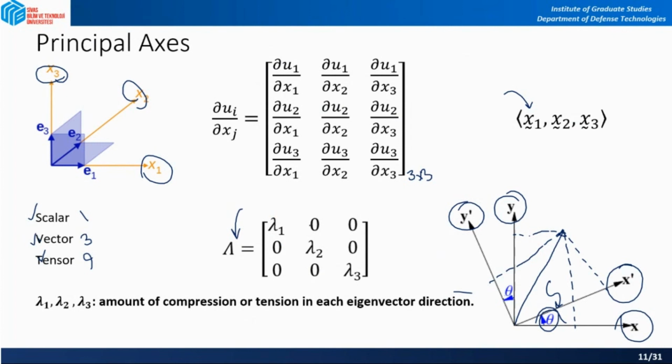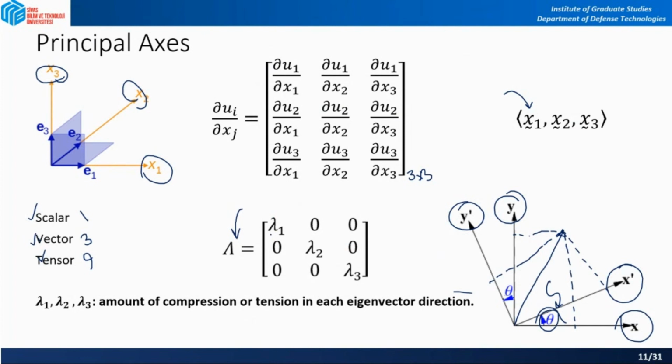If the tensor is a stress tensor, for example, they are called shear stress, and if the tensor is a strain, they are called shear strain. But these off-diagonal values will not be present if you write the tensor in the principal axis.